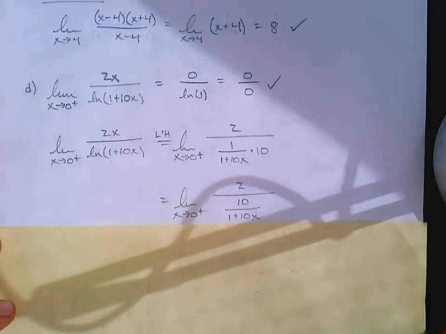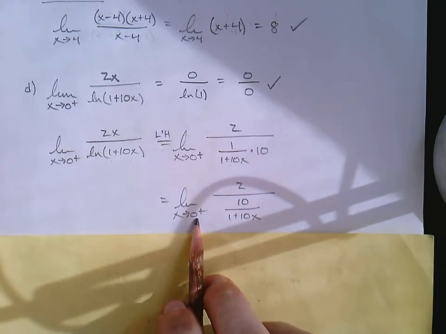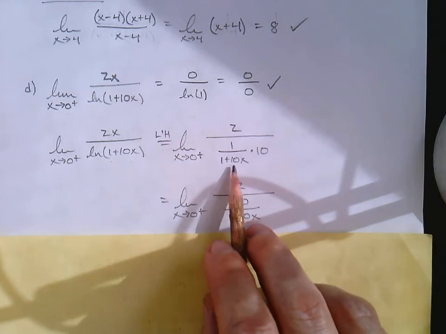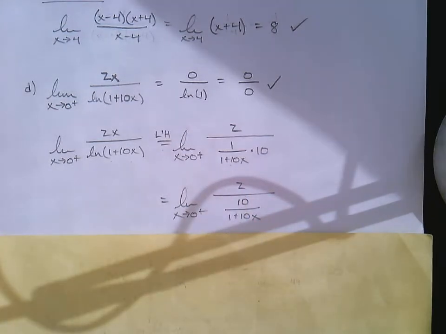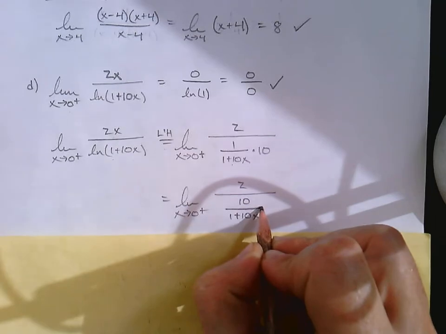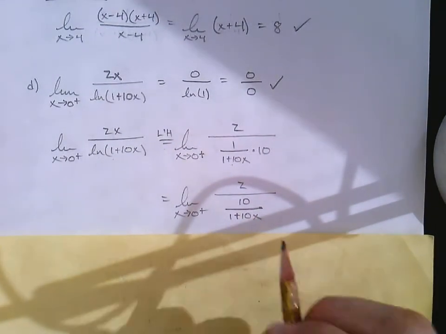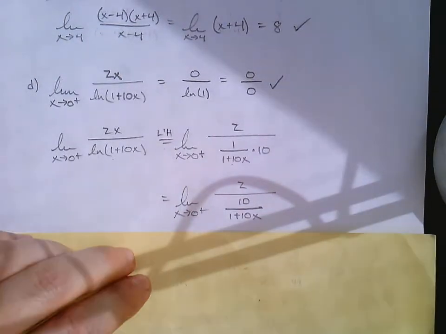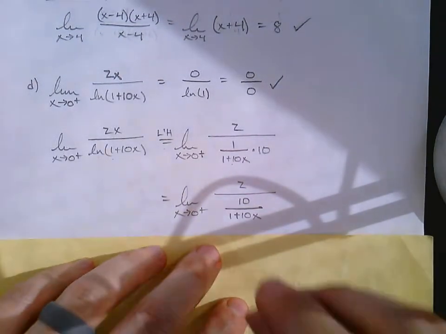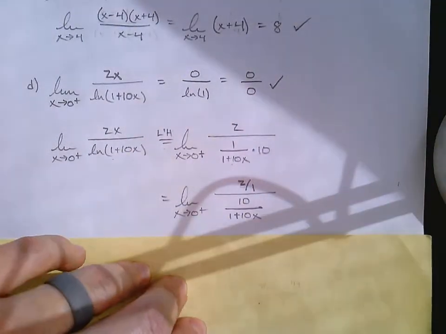Let's clean that up a little bit. Limit as x approaches 0 from the right. It's still the 2, and then the denominator is 10 over 1 plus 10x. We still have some simplifying to do here. Algebra. Huge part of the course. Here's what we can say. Think of this 2 on top as 2 over 1.